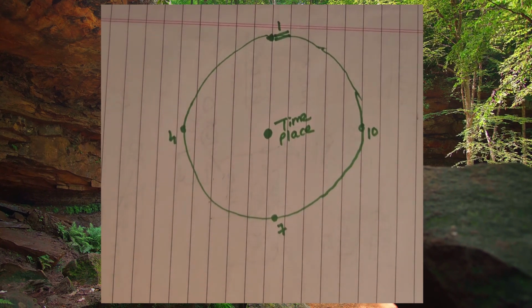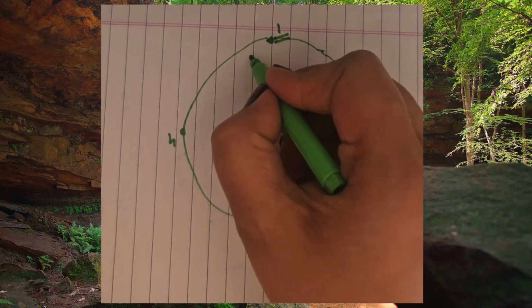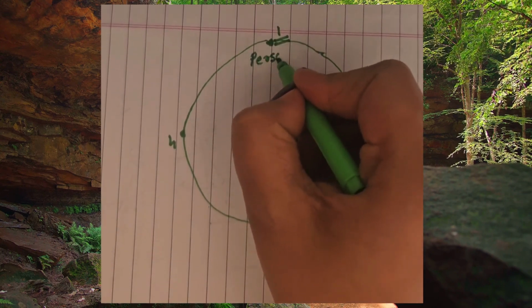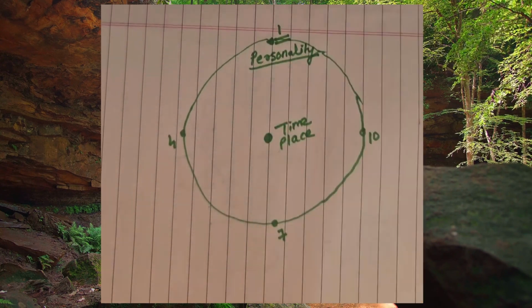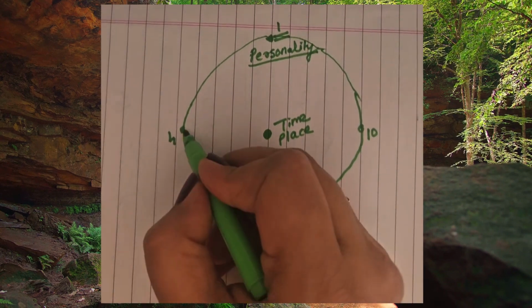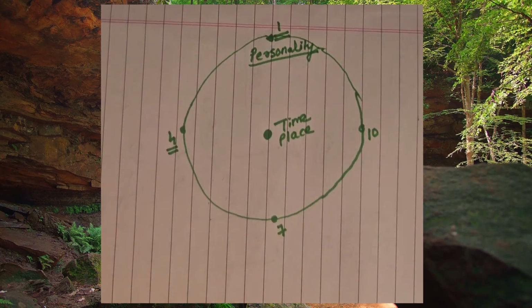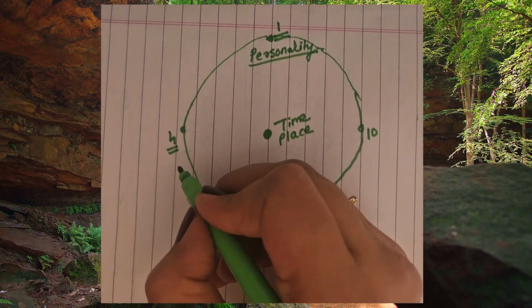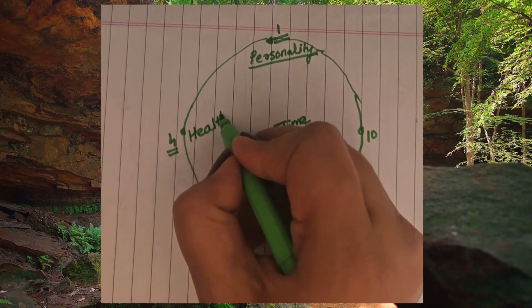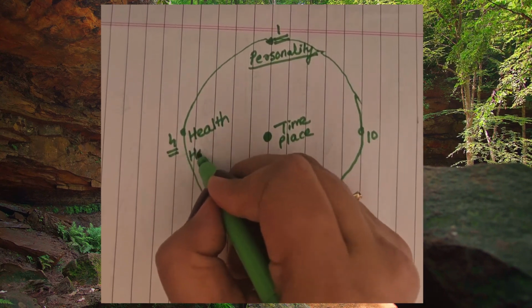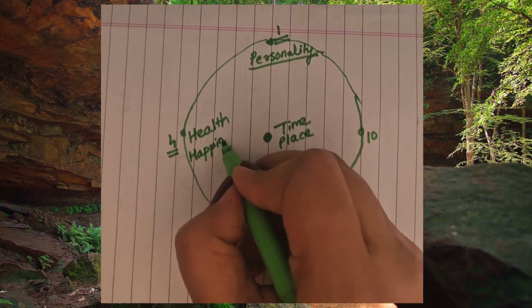This first pillar defines the overall personality of the person. The second pillar signifies the health of the person and therefore the overall happiness of the person as well.